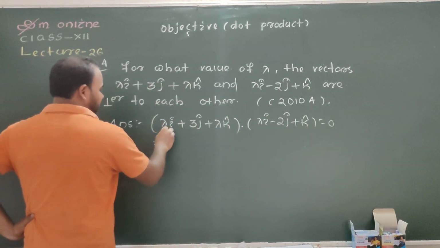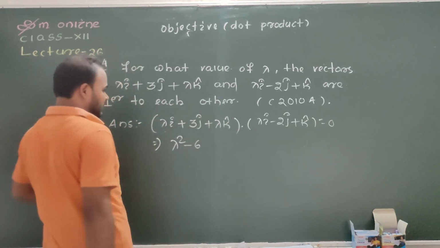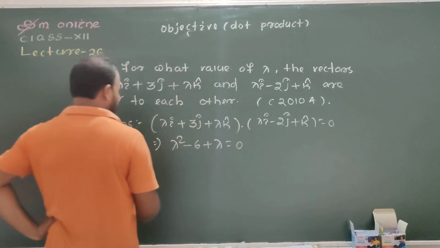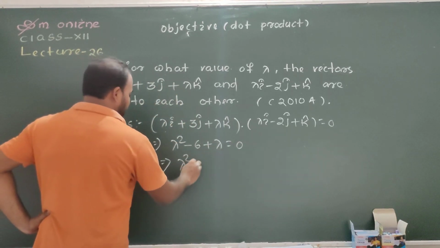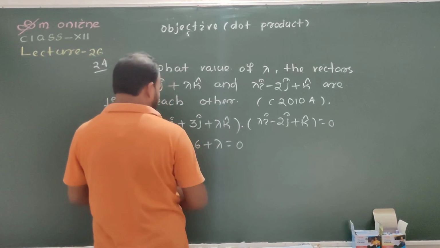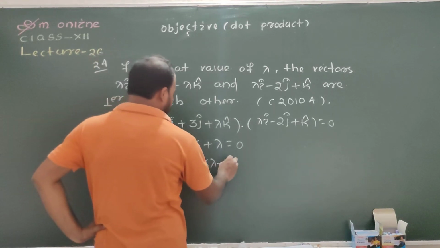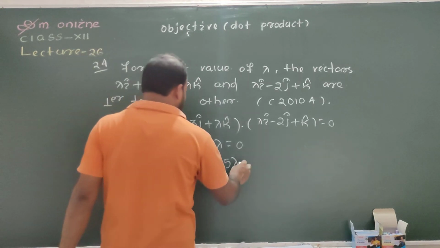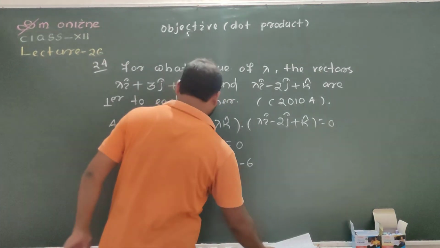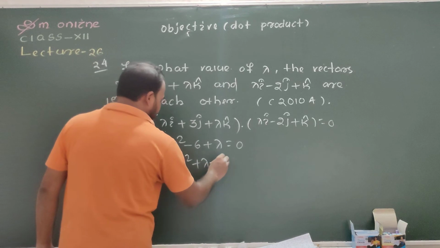This implies lambda into lambda, that is lambda square, minus 3 into 2, that is minus 6, plus lambda into 1, that is plus lambda, equal to 0. So lambda square plus lambda minus 6 equal to 0.